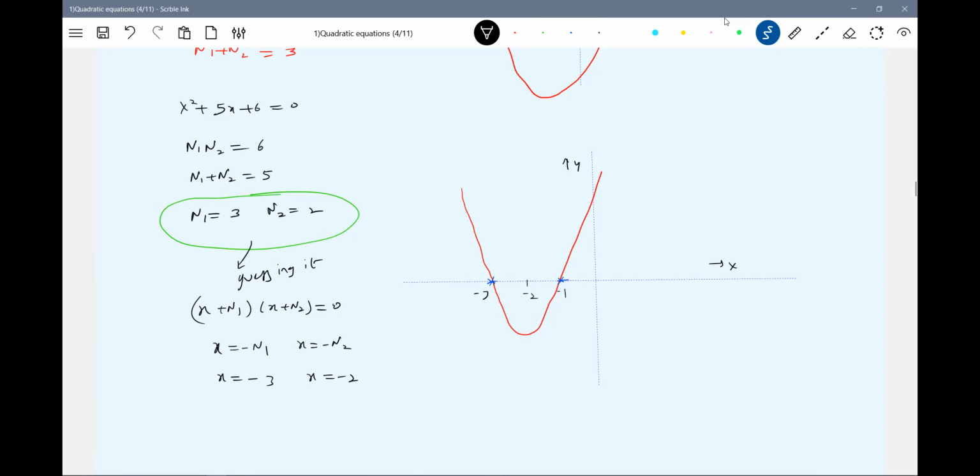Here what I should do is rearrange this. This minus 15, I'll send it to the RHS. Afterwards, I will look at the coefficient of the linear term. I'll divide by 2, then I'll square it.